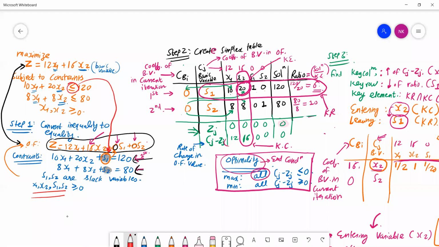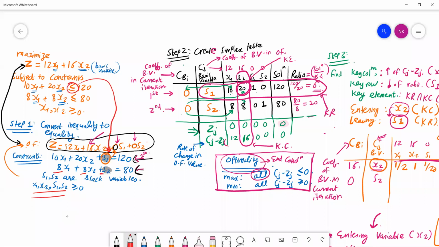Like in the first constraint, the coefficient is 10 for x1, 20 for x2, 1 for s1, and 0 for s2. Same for the second constraint, you are having the coefficient of x1 to be 8, the coefficient of x2 to be 8, the coefficient of s1 to be 0, and the coefficient of s2 to be 1. We have mentioned over here the solution.